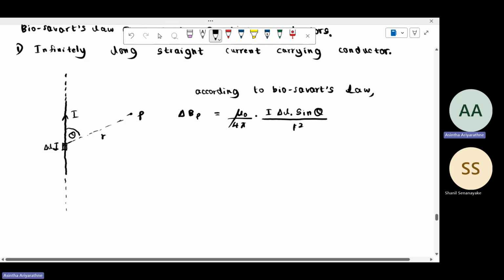Only due to the delta L element at point P.